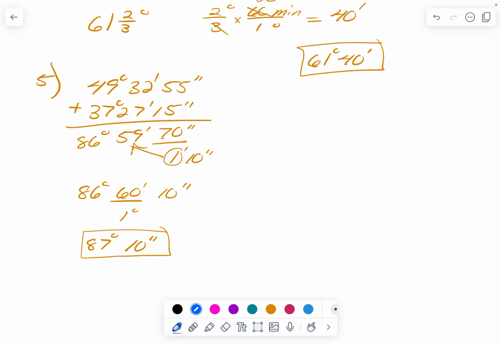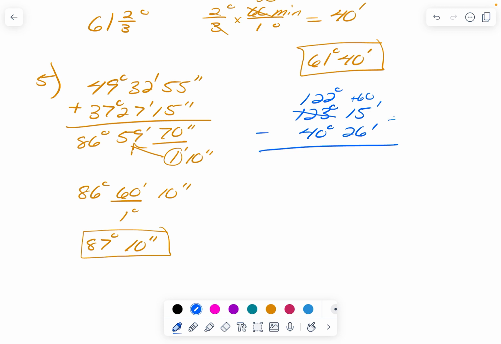Also, number 5 is a subtraction: 123 degrees, 15 minutes, minus 40 degrees, 26 minutes. Now, we can't subtract 26 from 15. We need to borrow 1. So that's going to be 122 degrees, but we're going to add 60 to that, right? 60 minutes is 1 degree.